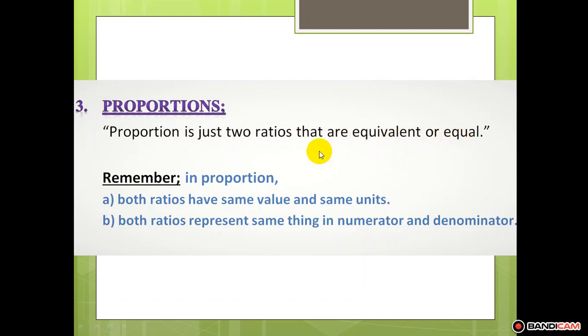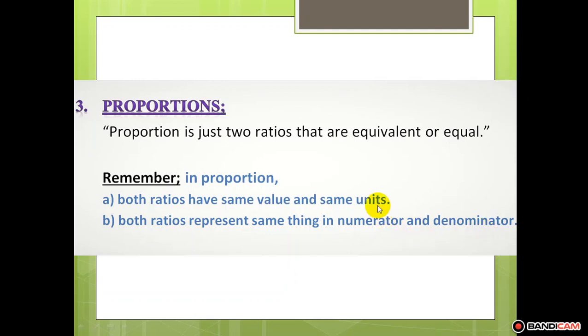But in proportions we should keep in mind that both equivalent ratios should represent some similarities. We should remember that both ratios have the same value and same units. Both ratios represent the same thing in numerator and denominator.